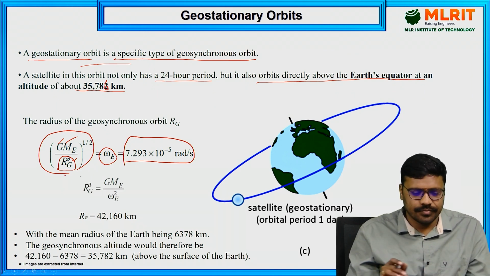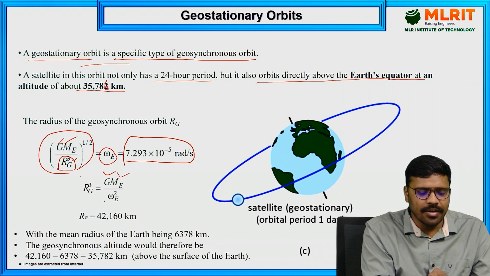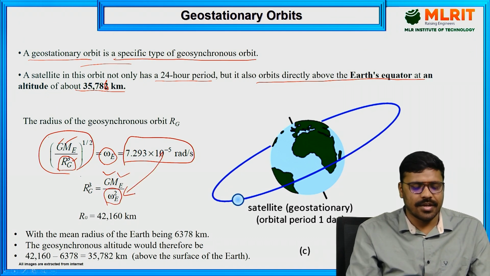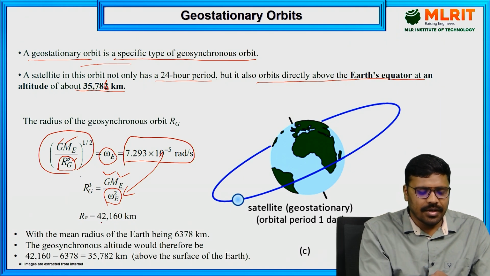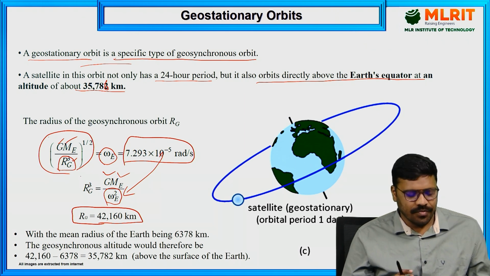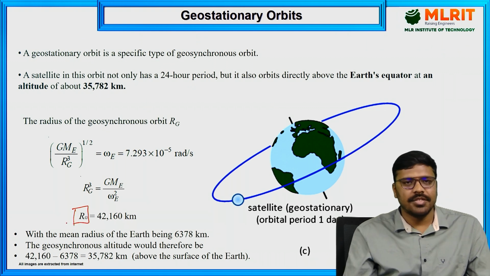So RG cube is equal to G Me by omega E square, and substituting omega E, you will get the radius of the geosynchronous orbit as 42,160 kilometers. This is the radius, not the altitude of the geosynchronous orbit.